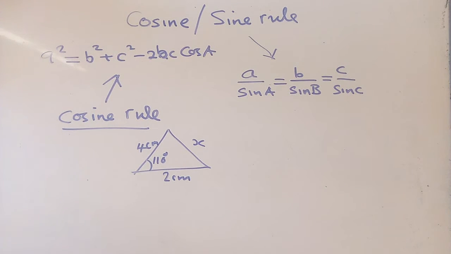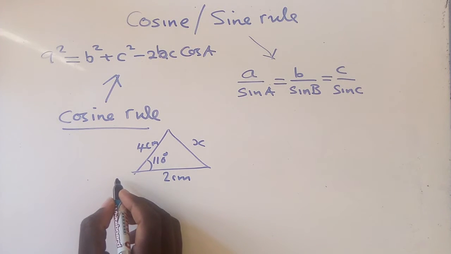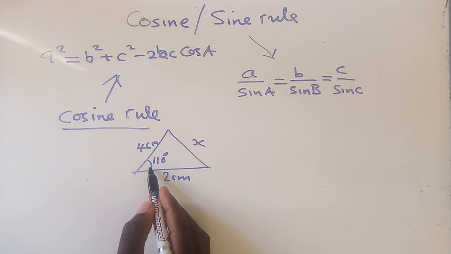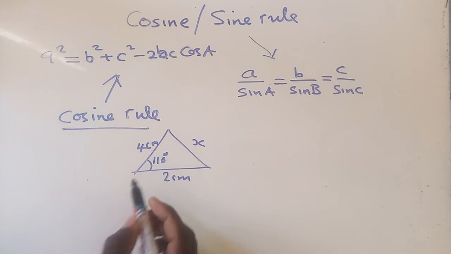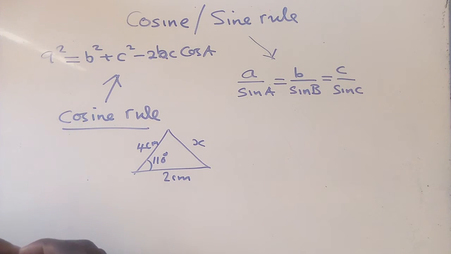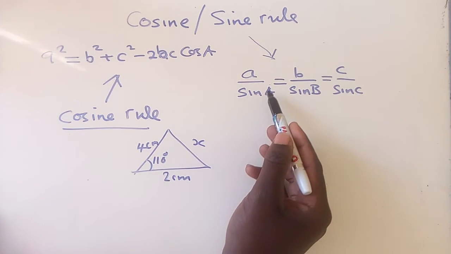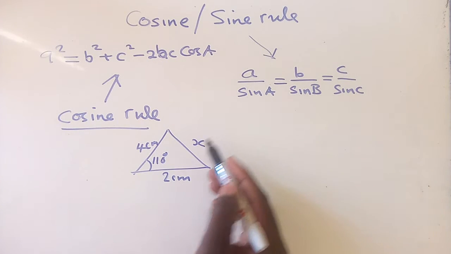The first thing that should come to mind is to label. There are two sides and an angle, so I'm supposed to use the cosine, not sine, because sine works with corresponding sides.